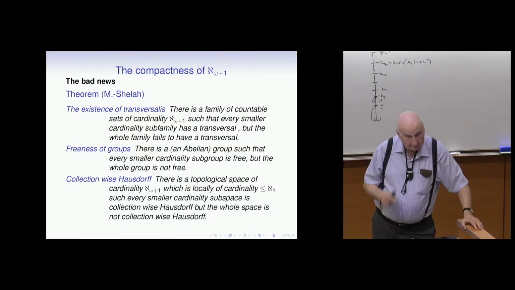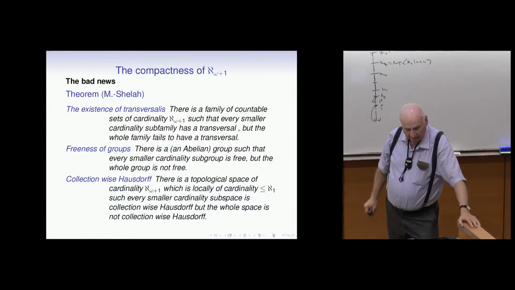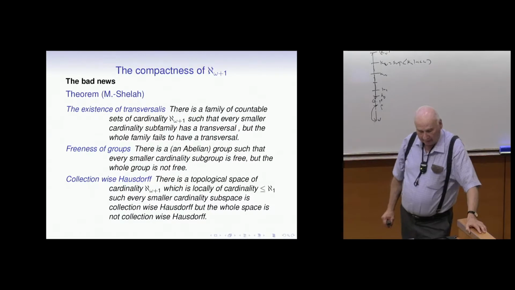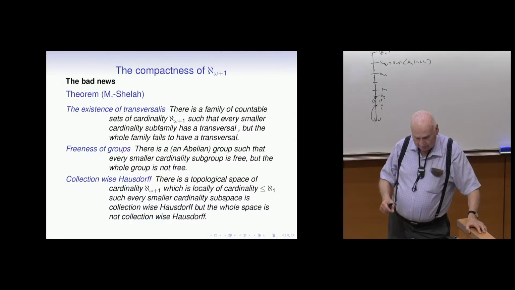Collectionwise Hausdorff. Remember the result of Shelah for a space which is locally countable. Suppose you give up the local countability. You say locally of size Aleph 1. Now you are in trouble. Aleph Omega plus 1 cannot be compact for that. There exists a topological space of cardinality Aleph Omega plus 1, which is locally of cardinality at most Aleph 1. Every smaller cardinality subspace is collectionwise Hausdorff, but the whole space is not collectionwise Hausdorff.